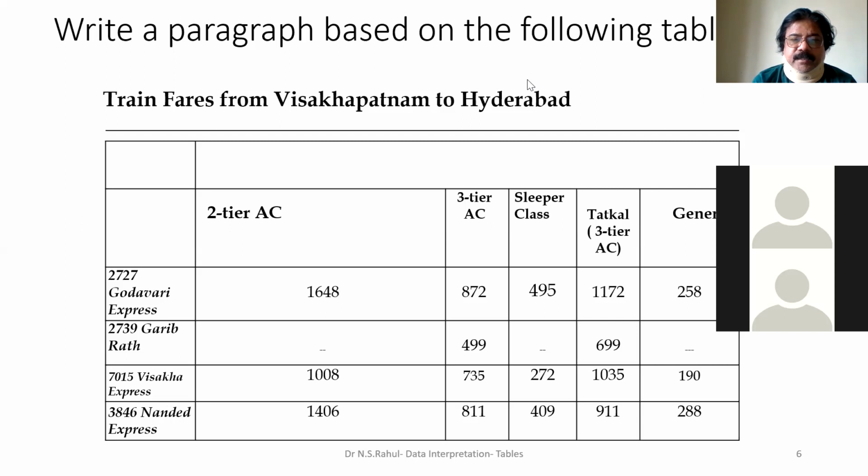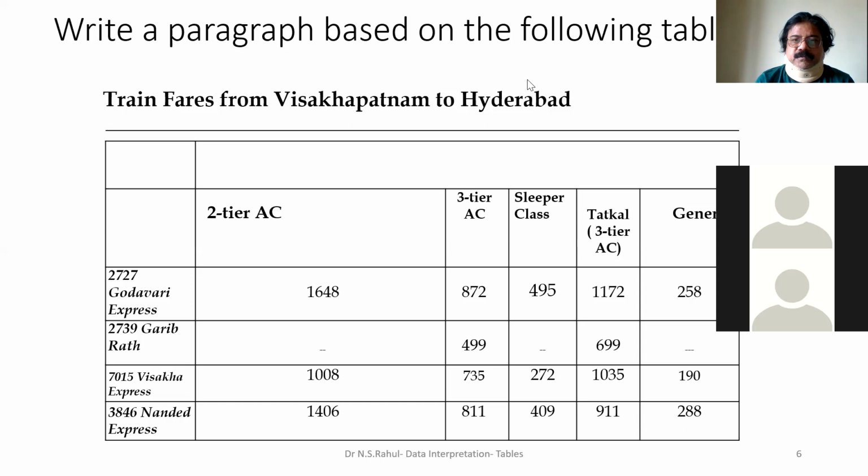Once again, go through Vishaka Express and Nanded Express. Comparing fares of the Vishaka and Nanded Express, for two-tier AC, Nanded Express has more cost. Three-tier AC and sleeper class also, Nanded Express has more cost.